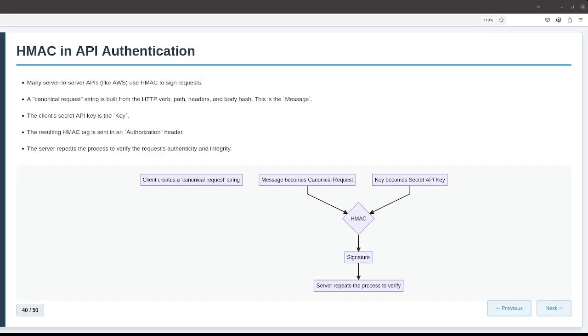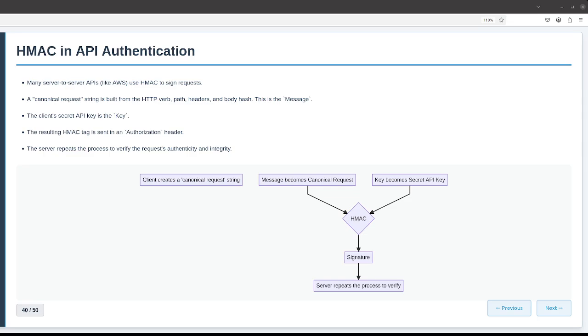HMAC in API authentication. Many web APIs, especially those used for server-to-server communication like AWS APIs, use HMAC for request signing. The process is typically more complex than a simple JWT. The client will create a canonical representation of their request, including the HTTP verb, path, query parameters, headers, and the request body hash.